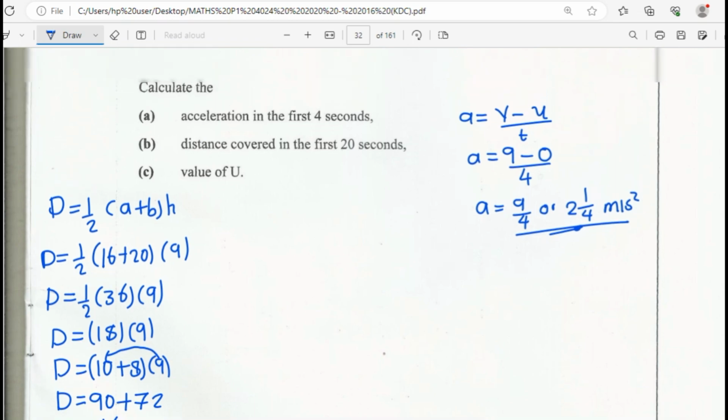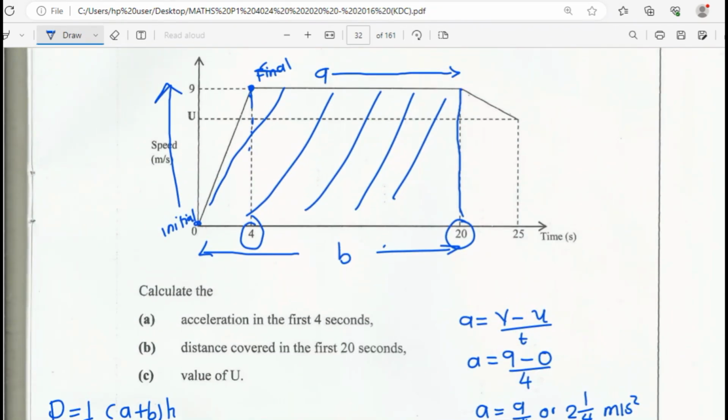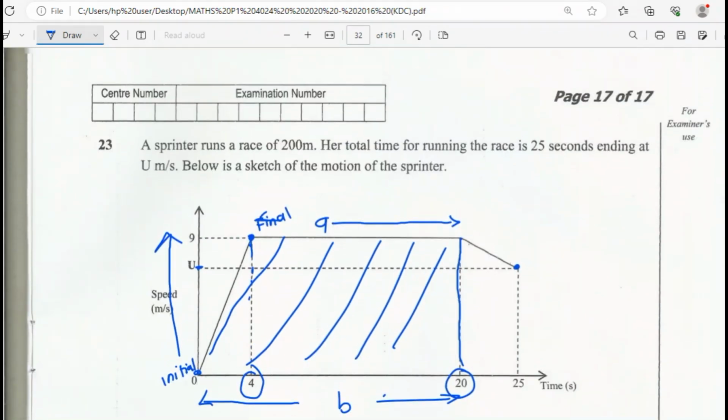Value of u. So what is the value of u at this point? How can we find the value of u? To find the value of u, let's just look at the distance that is remaining. Remember, a sprinter runs a race of this. So the 200 is the total distance.